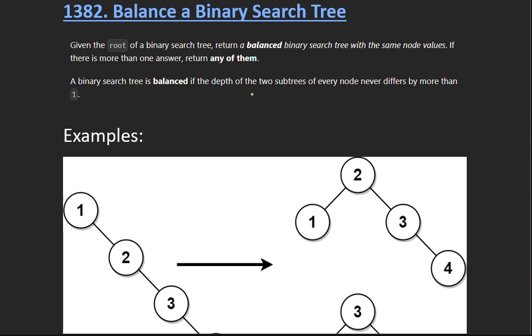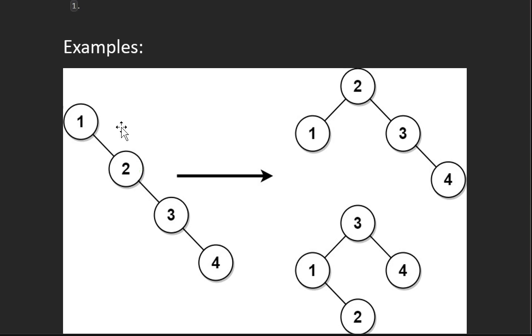So suppose if you'll see this example, one is our root, right? Two is larger than one, so it is present on the right node. Three is larger than two, present on the right node.